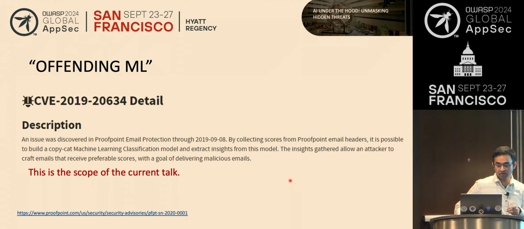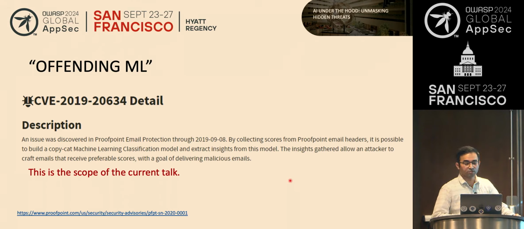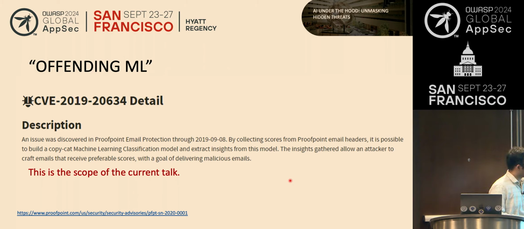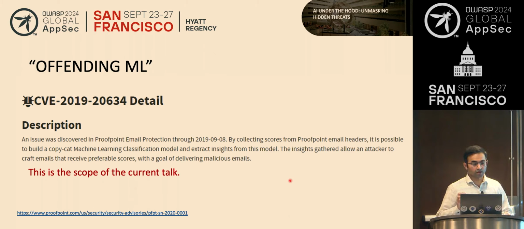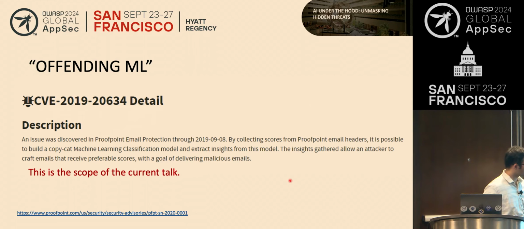And with this CVE that is listed here, what happened was basically Proofpoint was having an AI-based solution, which identified whether an email was spam or phishing, etc. And it also looked at what malicious documents were included therein.